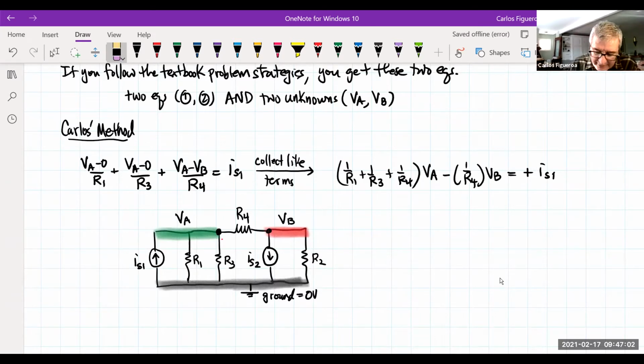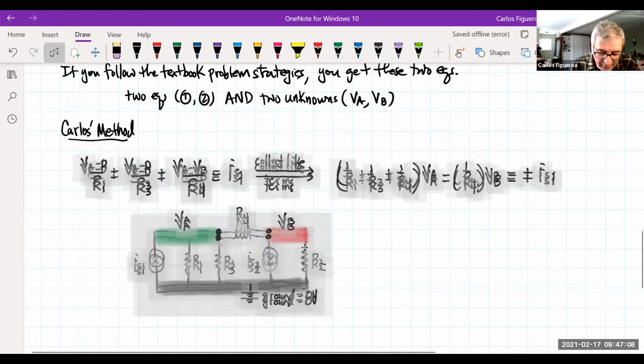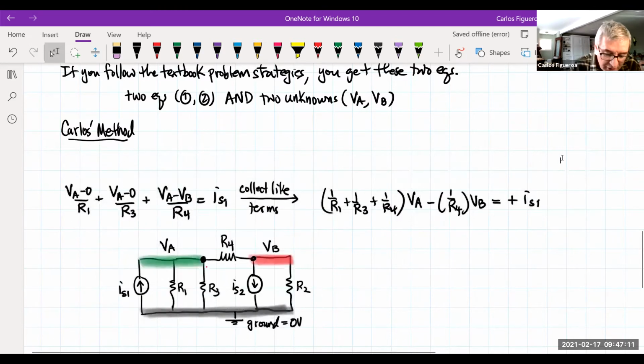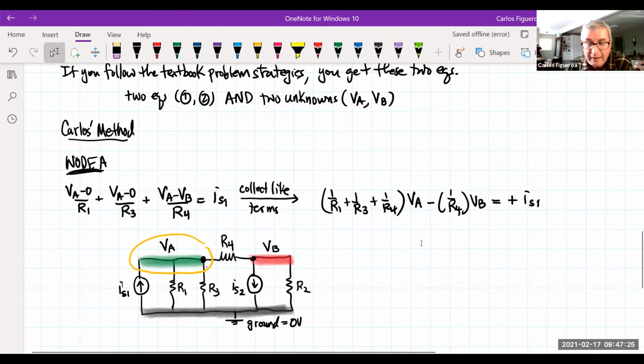Now, what we really did, and I should have really been a little bit more careful here, is that I'm going to move this down just a little bit. What are we talking about? We're talking about node A. Okay, so focus on node A. Look what's interesting about node A. Note that resistors 1, 3, and 4 are connected to node A. But what about resistor 4 here?